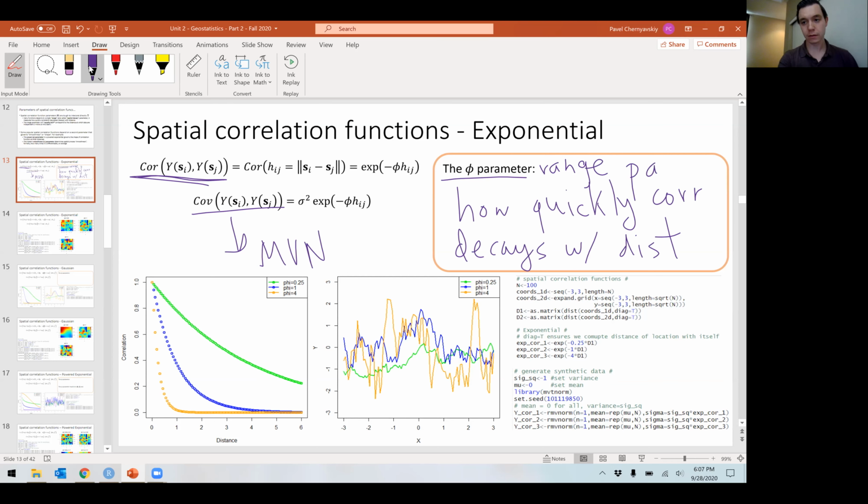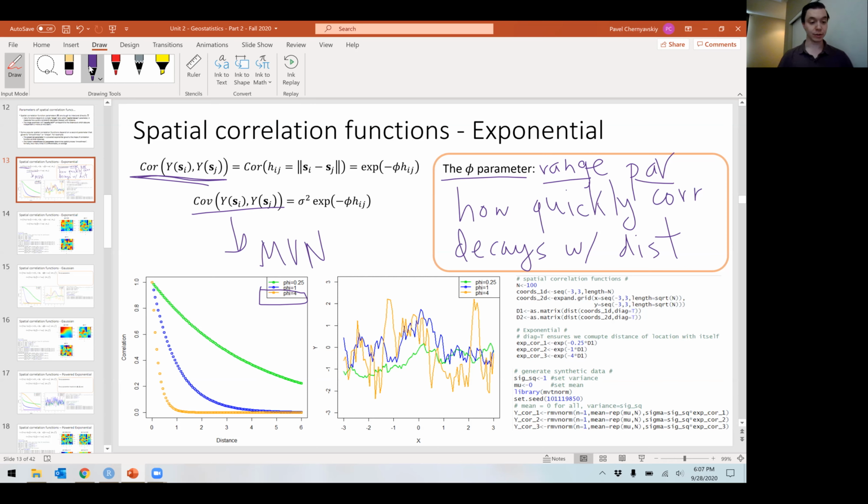But not to be confused with the range, because you can see, for example, with the orange line, when phi is 4, the range is certainly not 4. The range is closer to 1 than it is to 4. So it's important to be very precise when we're talking about the range, the distance where correlation goes to exactly 0, and the range parameter, which is just a parameter inside of our spatial correlation function.